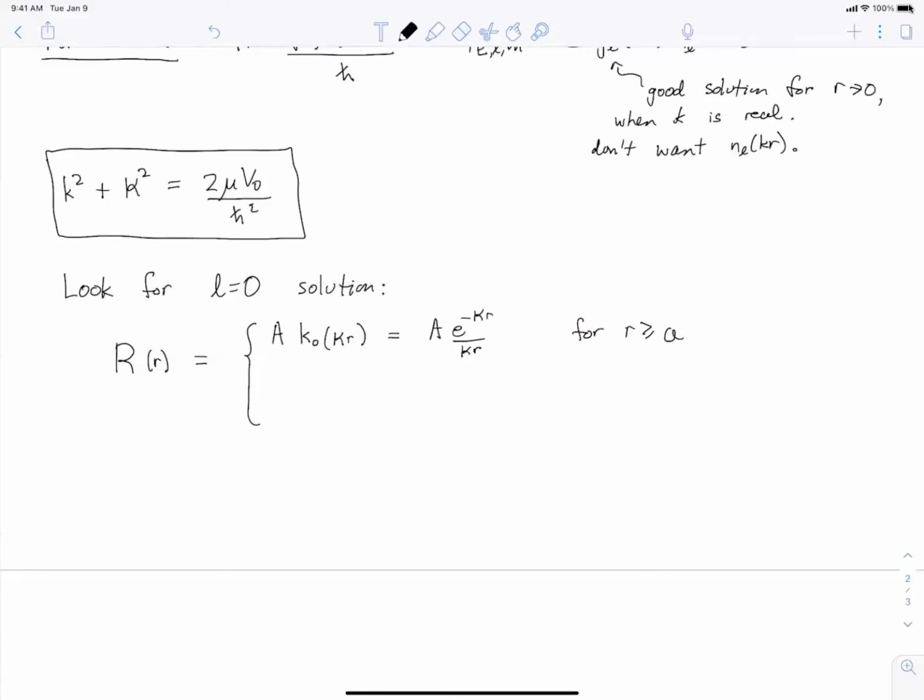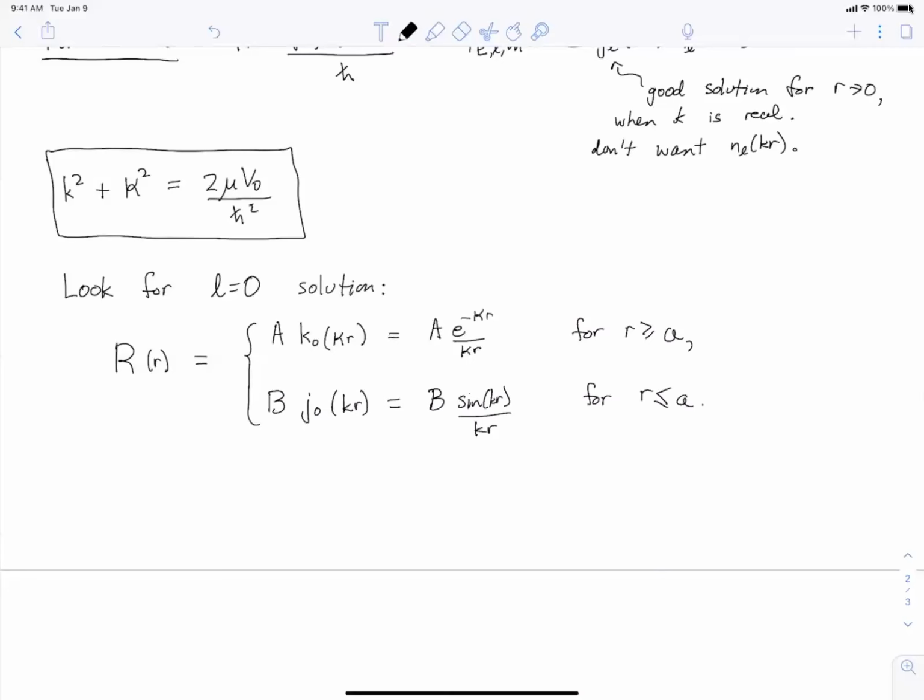And it's equal to B times j0 of kr, otherwise known as B times sine kr over kr, for r less than or equal to a.